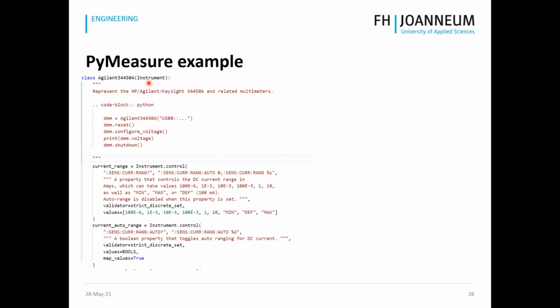As you can see below, I put just two examples with current range and current auto range. This is how you interact with your measurement instruments.